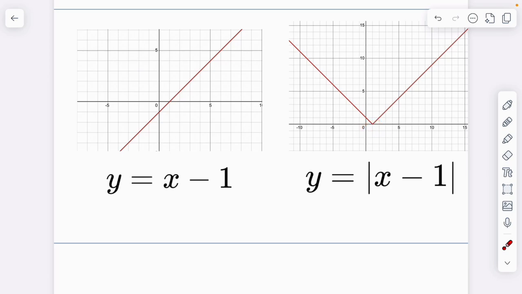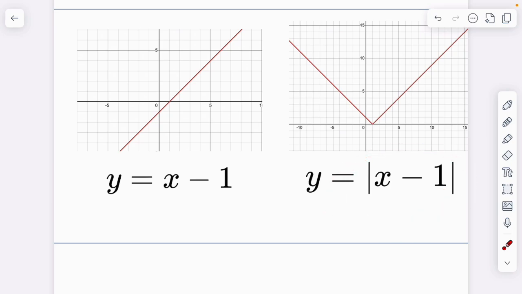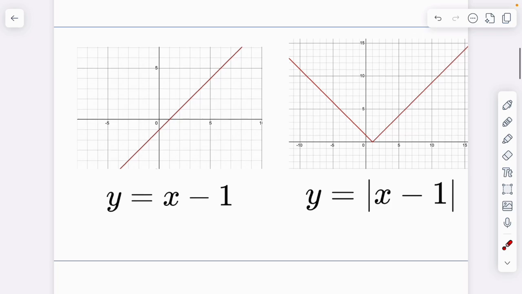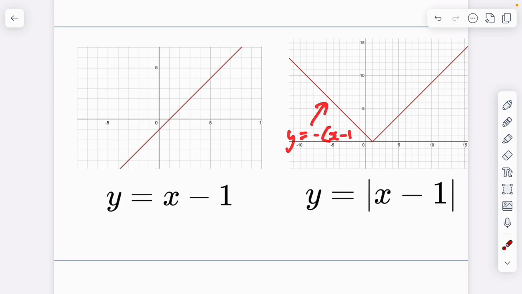Now, why is that? Well, remember that here we're looking at the absolute value of x minus 1, so we're never going to have a negative value for y. And so what we actually get is the function y equals x minus 1 for x greater than or equal to 1, and then y equals minus x plus 1 for x smaller than 1.